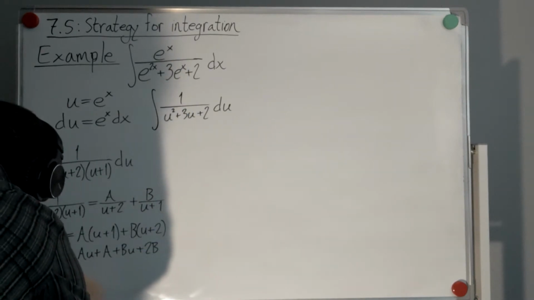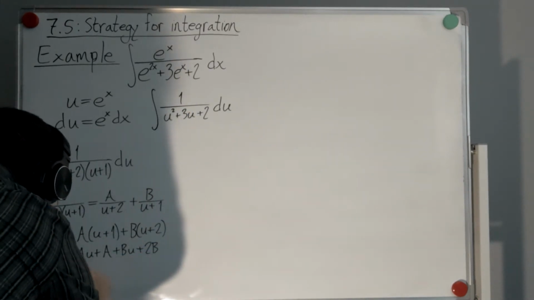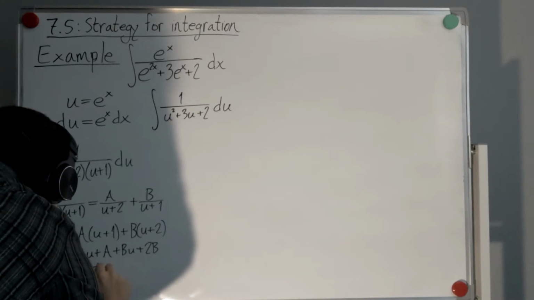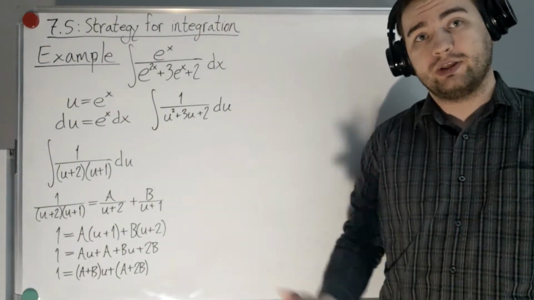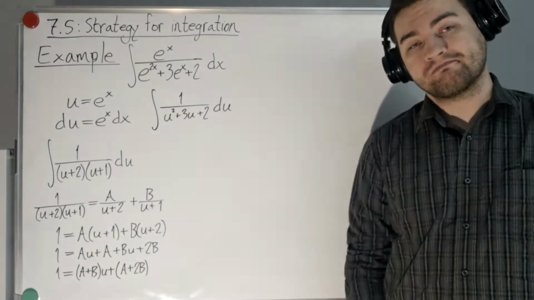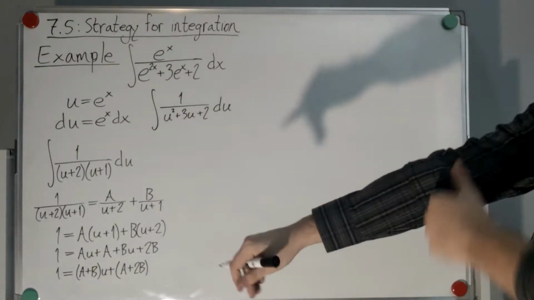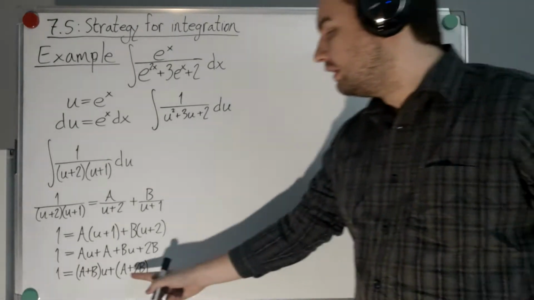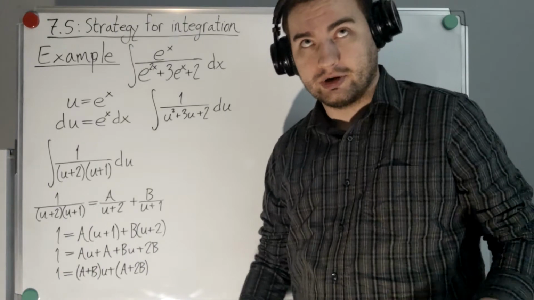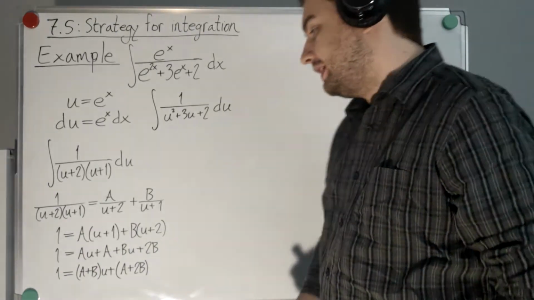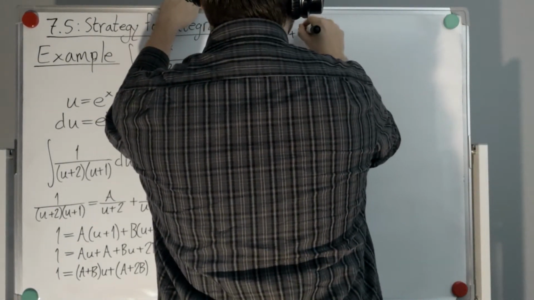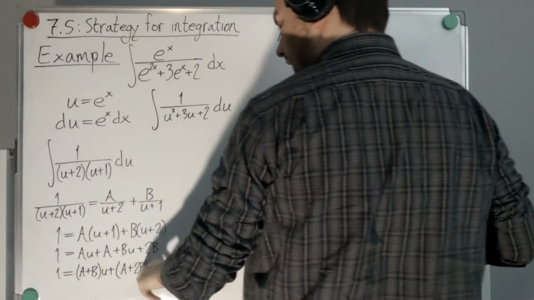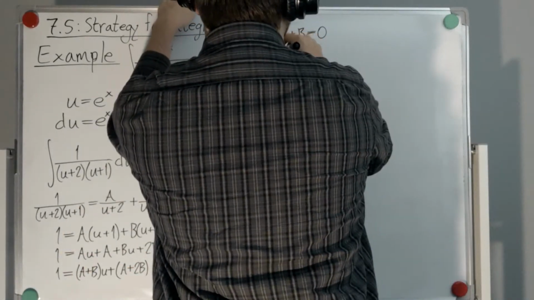And then you collect like terms in powers of u, and you get a plus b times u plus a plus 2b, and this all needs to be equal to just 1, which by the way is 0u plus 1. So, once again, we're saying these two polynomials are equal for every value of u, perhaps some exceptions. So that means that their corresponding coefficients have to be equal, which means a plus b is going to have to be 0, a plus 2b is going to have to be 1.